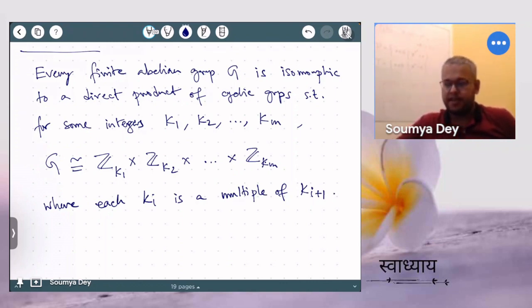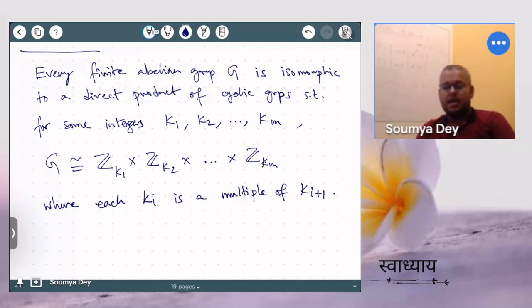Try to think what exactly it's saying. I'm saying k1 is a multiple of k2, k2 is a multiple of k3, and so on. So each ki is a multiple of the next, ki plus 1.